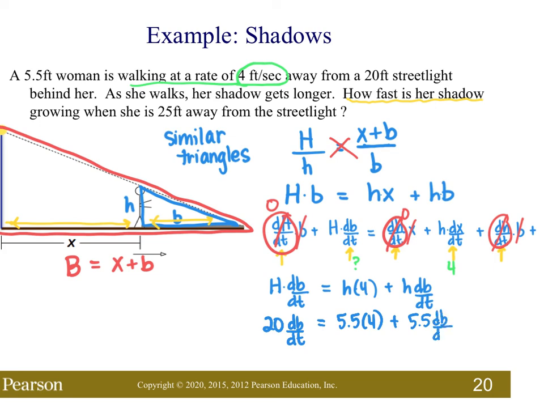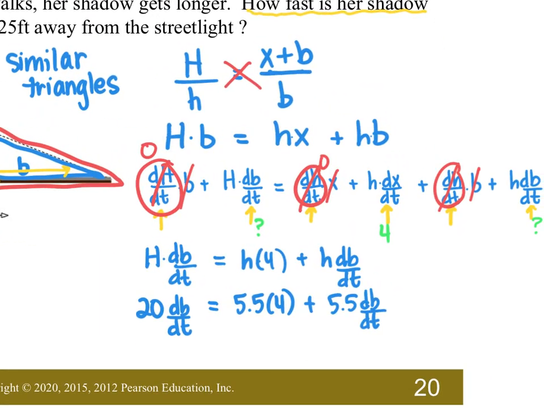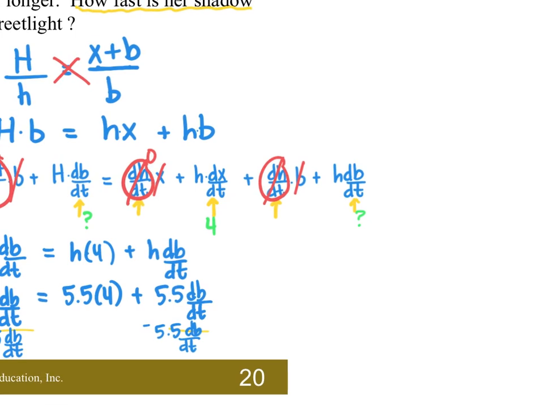And now we're ready to solve this. Now I've got a db/dt on both sides. I've got one over here and one over here. Those are called like terms. So we can subtract 5.5 db/dt from both sides. That's going to be 14.5 db/dt, and then equal to, I'm going to multiply 5.5 and 4 together.